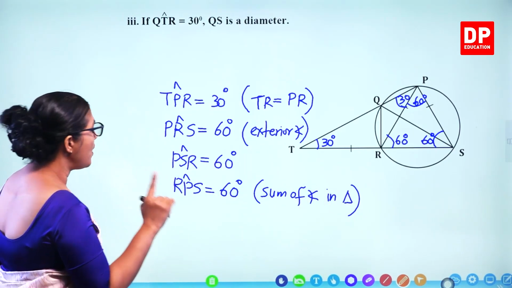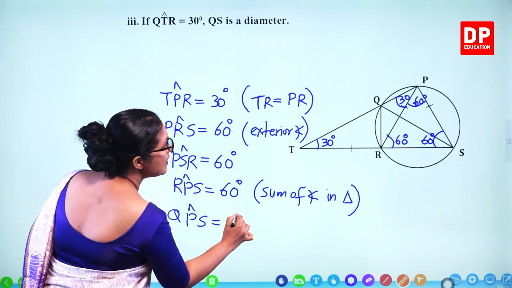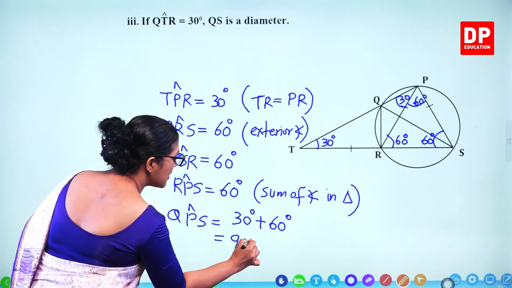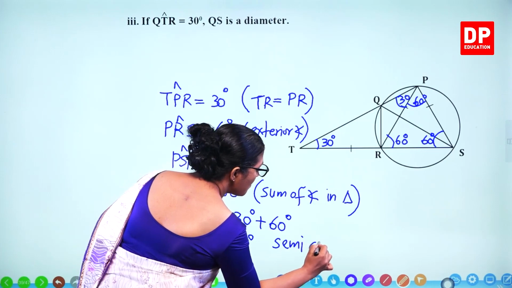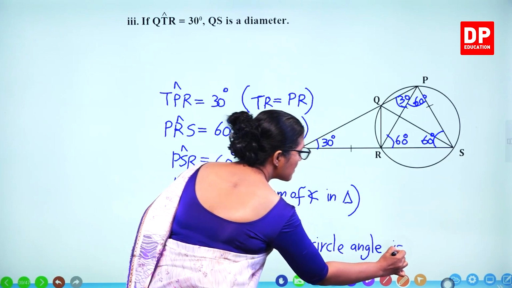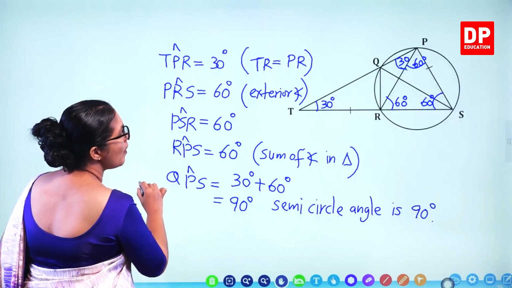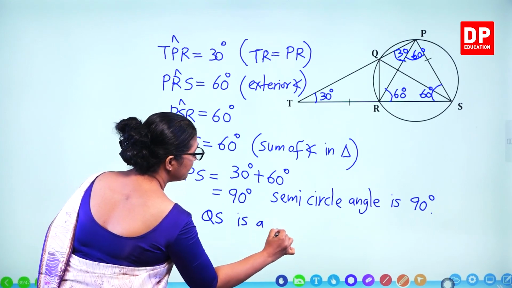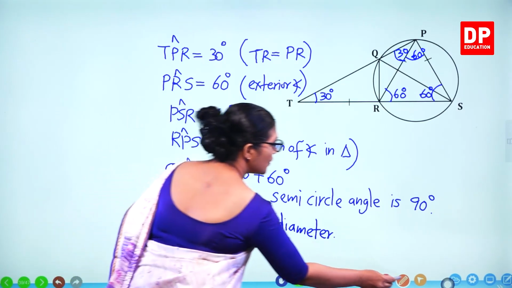Now we can say, what's the angle QPS? Angle QPS is 30 plus 60. That's 90 degrees. So semicircle angle is 90. That means QS is a diameter. So that's the proof.